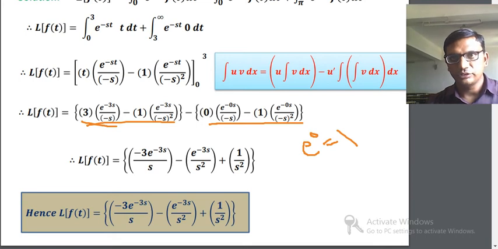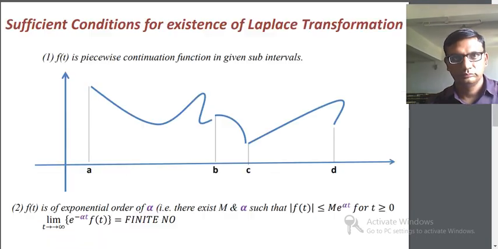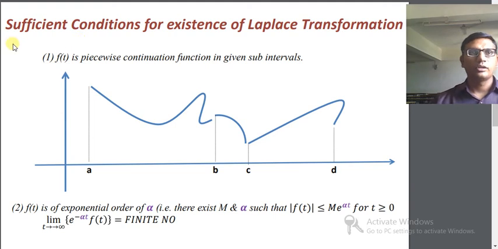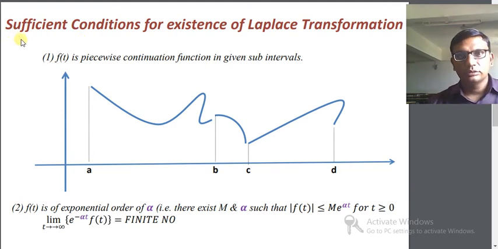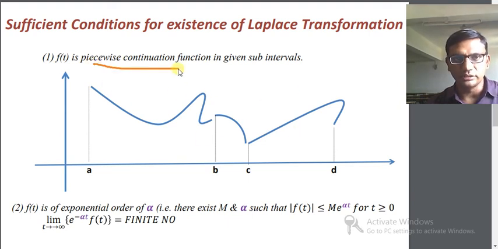Now we will discuss the sufficient conditions for the existence of the Laplace transformation of a function. First of all, our function should be continuous or piecewise continuous. The meaning of piecewise continuous is that our function is continuous in the sub intervals. The first interval is from a to b, and in this portion the first part of the function is continuous.